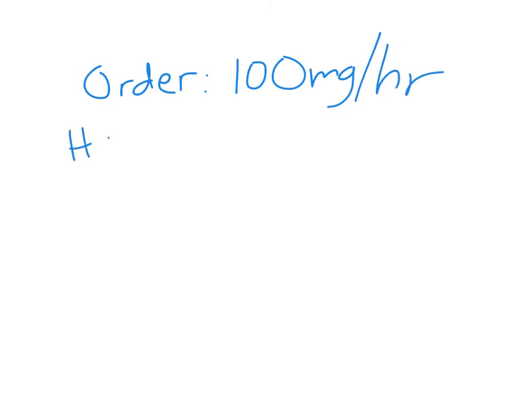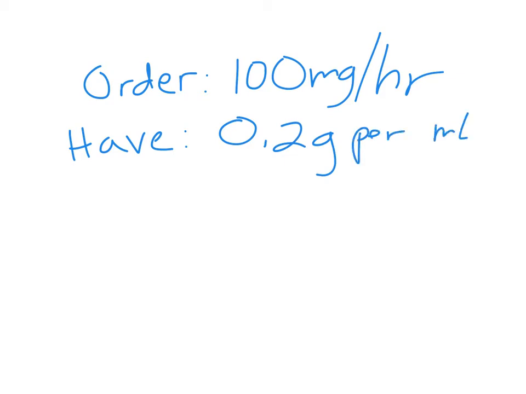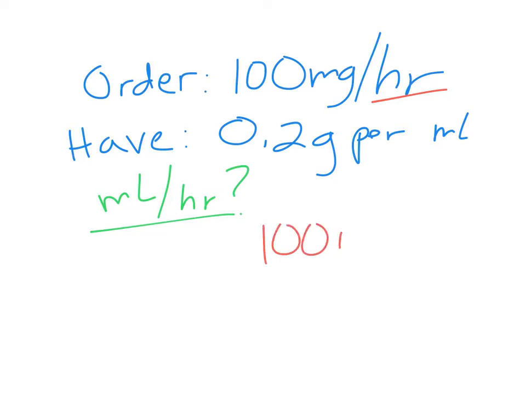And let's say we look at that medication, and it comes in 0.2 grams per every milliliter, for instance. So how would I set that in milliliters per hour? That's what all these questions are going to ask. Once again, it's already per hour, so I don't need to worry about that. I want to set up my D over H times Q formula.